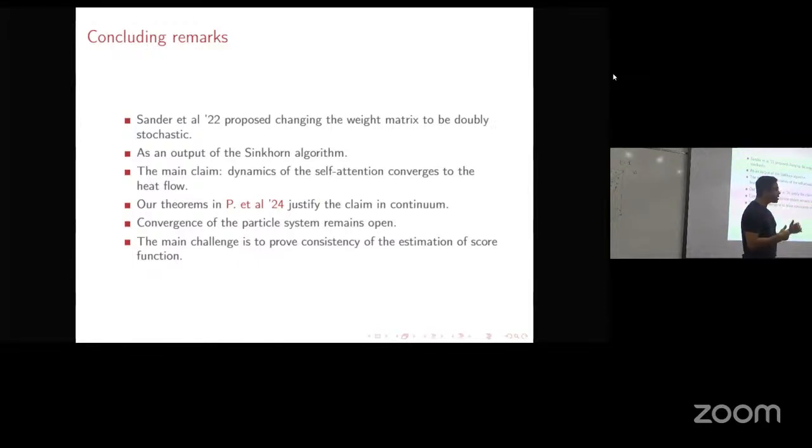What they suggested is, okay, what happens if we don't take a stochastic matrix, but take a doubly stochastic matrix? If you take a doubly stochastic matrix, and look at how the tokens are progressing between layers, it's exactly this dynamical system that pops up, except over particles, not really over measures. And they work this out.